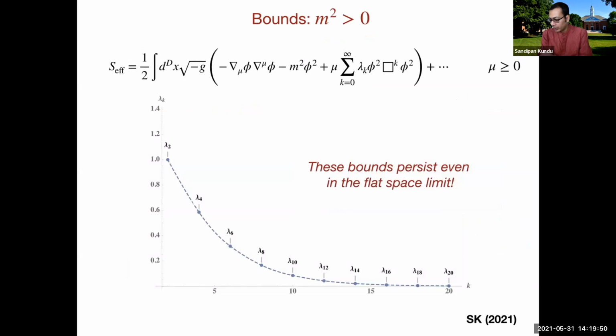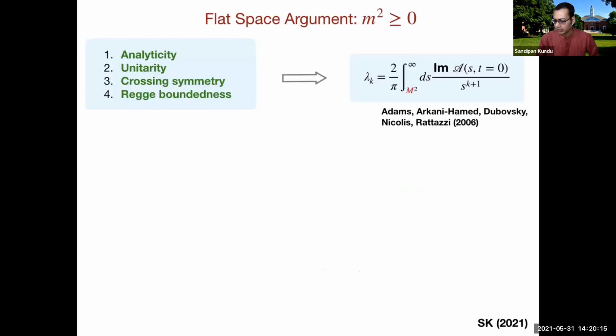And this is a pictorial representation of the same set of bounds. They must decrease monotonically. They should have this kind of log convex feature. And the important point is this is essentially a high energy argument, so all these bounds must persist even in the flat space limit. So one can try to compare these bounds with bounds that one can obtain from the flat space scattering amplitude.